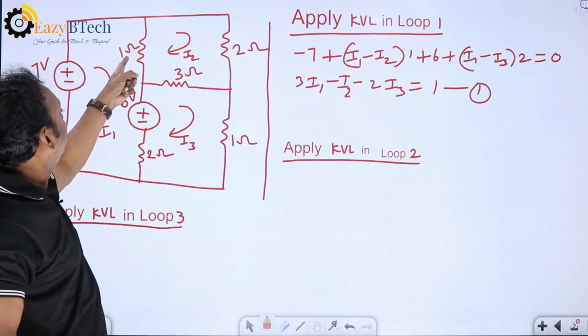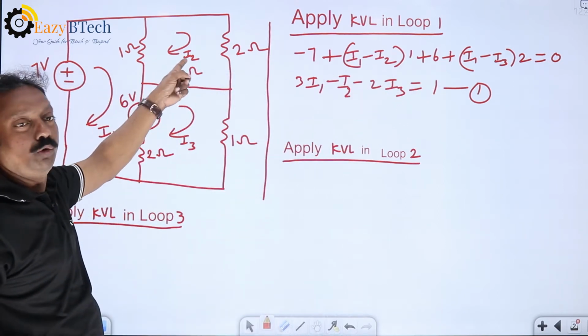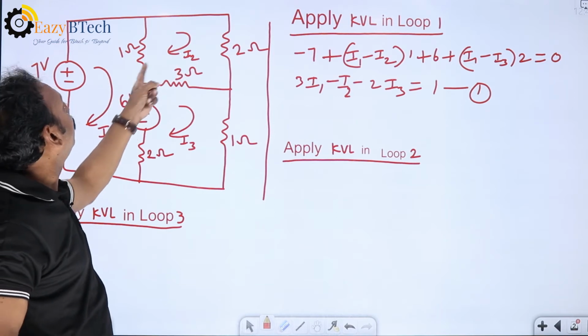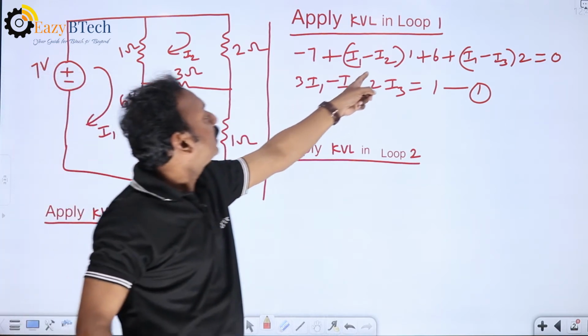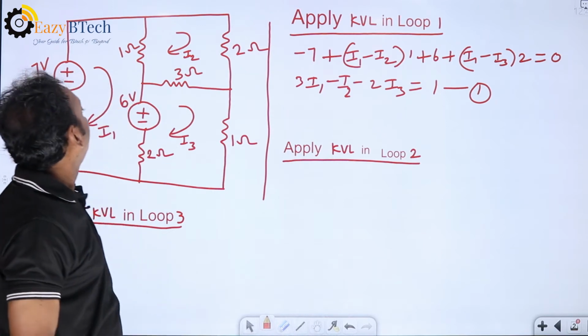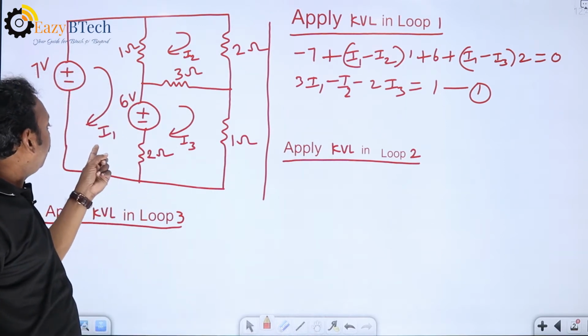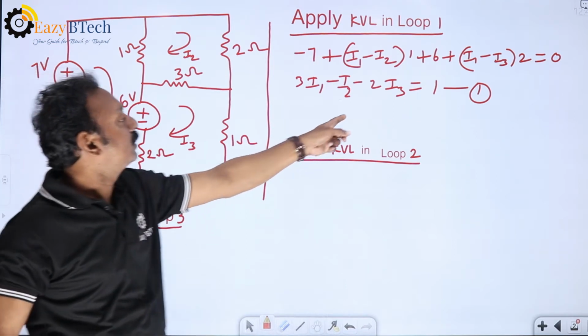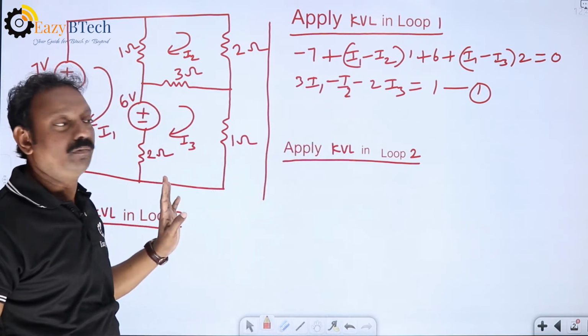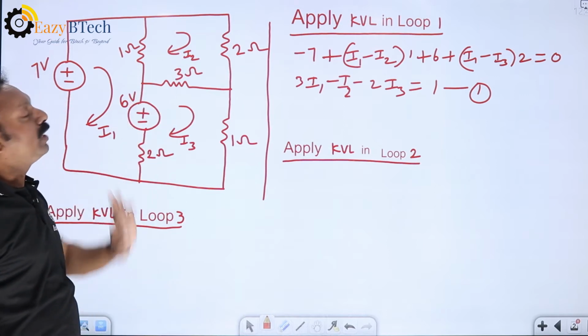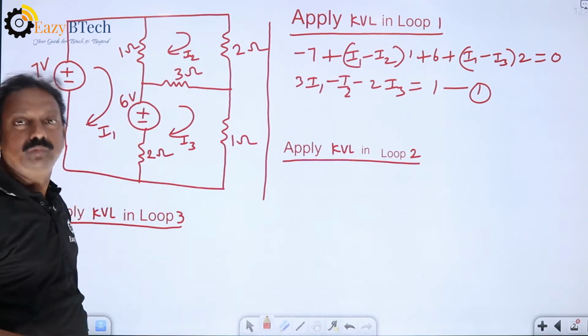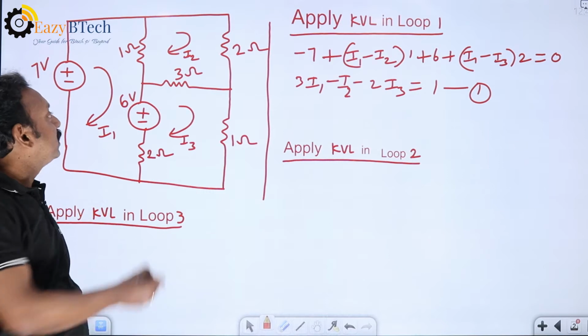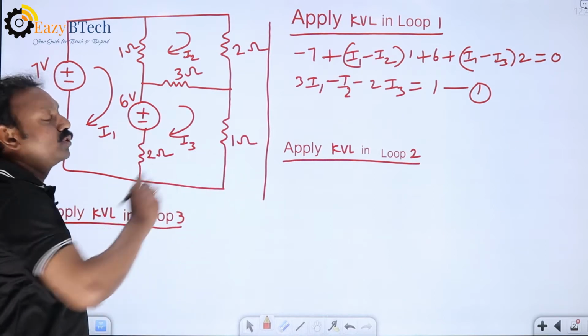Remaining currents: the 1 ohm is present between the first loop and second loop, so I1 minus I2 into 1. Now this 2 ohms is present between the first loop and third loop, therefore I1 minus I3 into 2. Just simplify that equation. Similarly, you try to write equation number 2. Just try to write the equation, then check the solution.